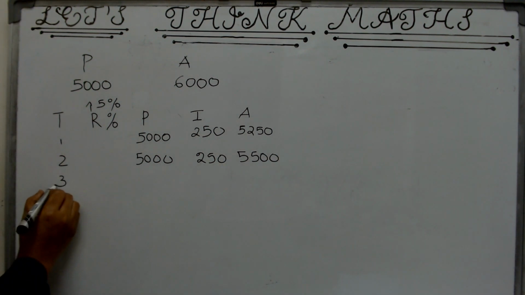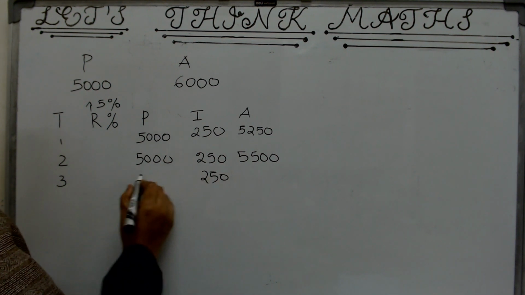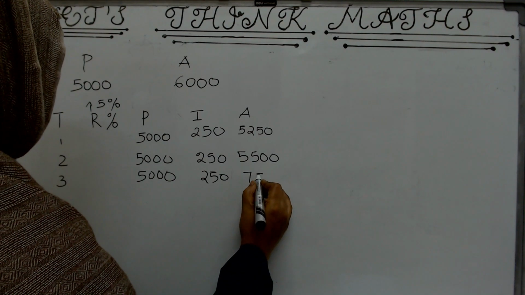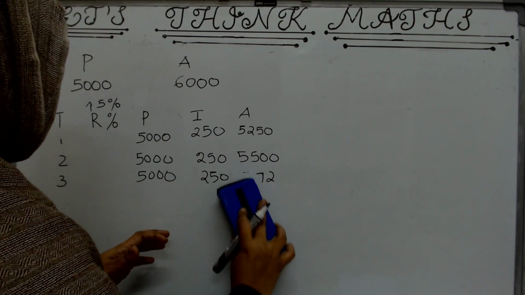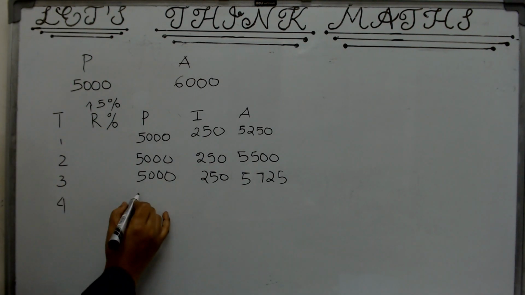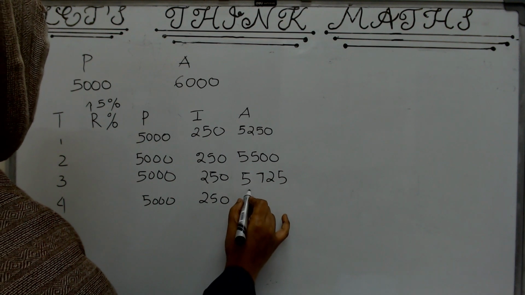Again, for the third year also, you don't want to withdraw the money. The principal remains the same, but then you are getting 250 again. And then what happens in the fourth year? Again, the principal remains the same, but you are getting 250 extra.